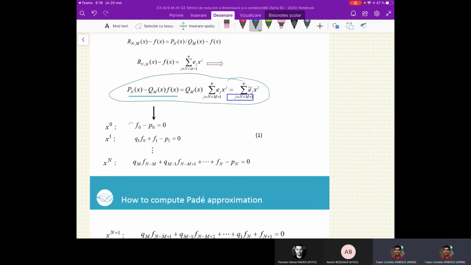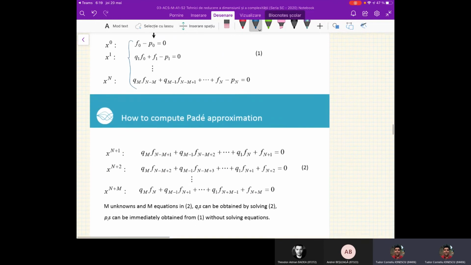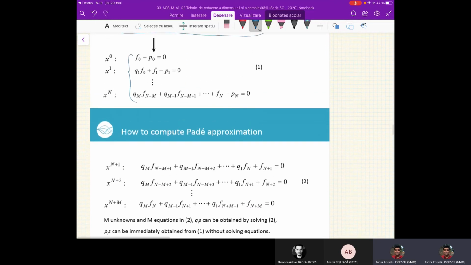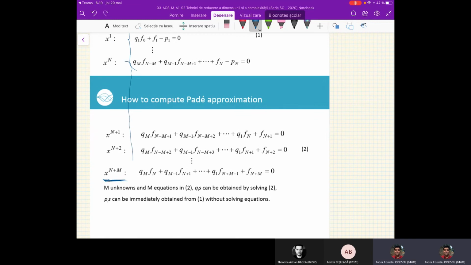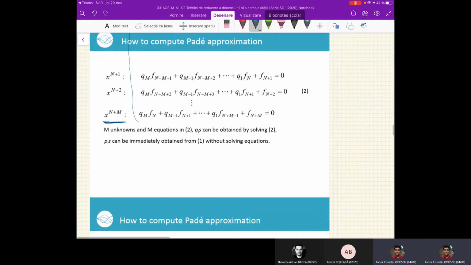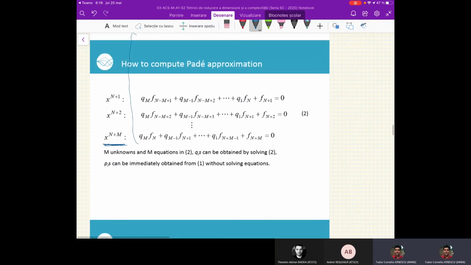And then you get a system of m equations and m unknowns in the coefficients. So this is up to order n, and then you can continue this up to order n plus m, because you have also the m coefficients of the denominator. So you complete your system up to n plus m. So you have m unknowns and m equations in 2.